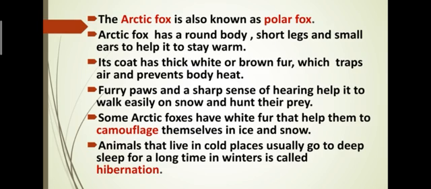Arctic fox can camouflage with ice and snow. Camouflage means the natural ability of some animals to change their color and shape to blend with the surroundings. Animals that live in cold places usually go to sleep for a very long time in winters, which is called hibernation.